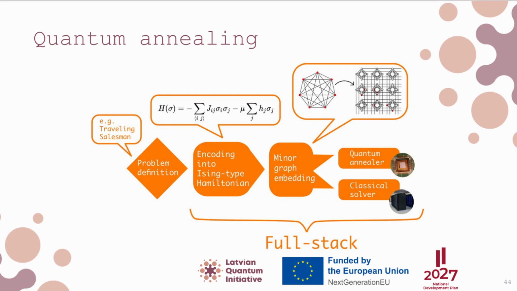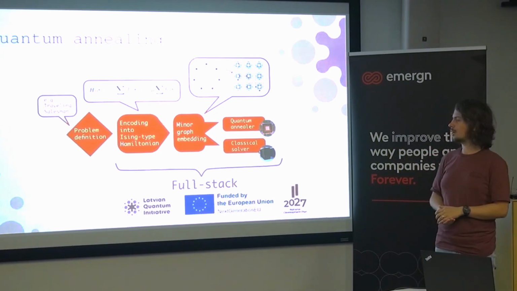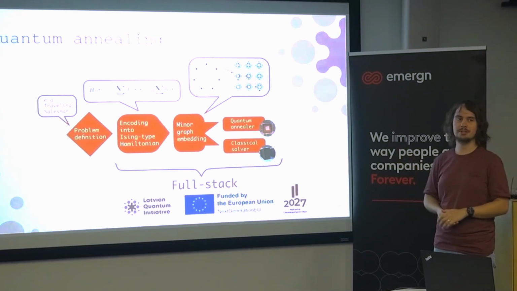How it looks for quantum annealers, as I said, in case of quantum annealing, they're specialized. They perform specific tasks. So you need to define your optimization problem, then you need to transform it into mathematical formulae. Let's call it just the encoding phase. So you need to encode your problem: the variables that you need to use, and also some numbers that correspond to some relationship between these variables.